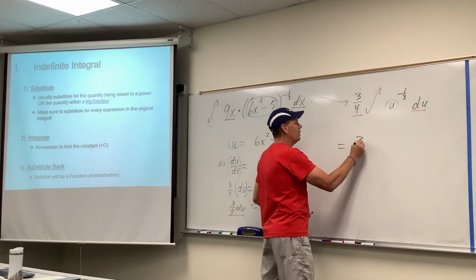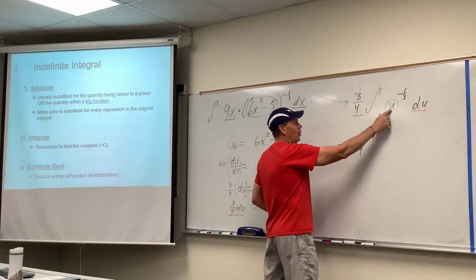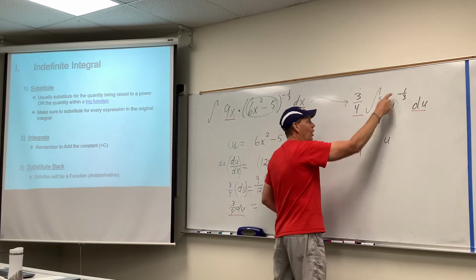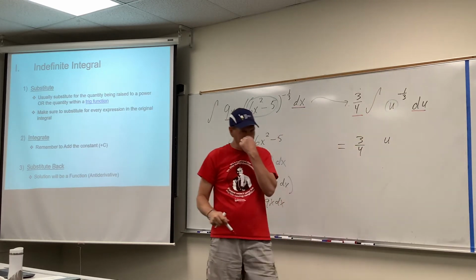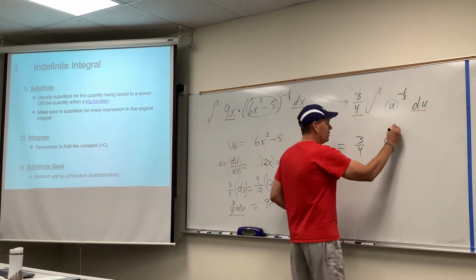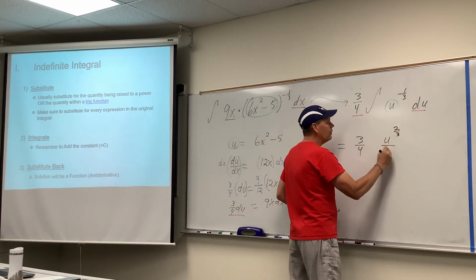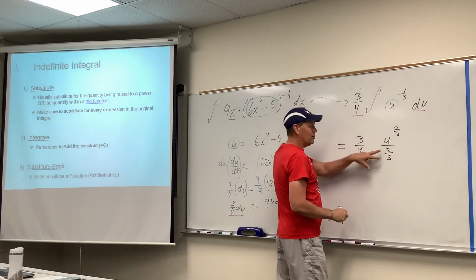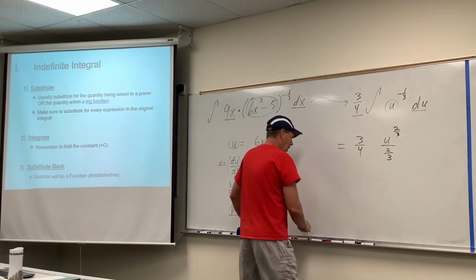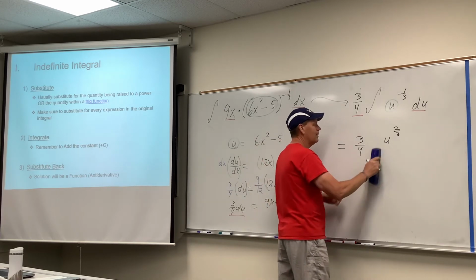So all we have to do is the power rule on this. N plus 1: negative 1/3 plus 1 would be positive 2/3, and then over 2/3, which is invert and multiply, 3/2. I hope you're getting used to doing that.